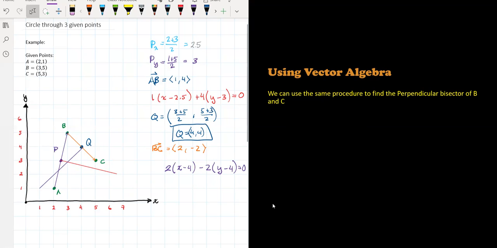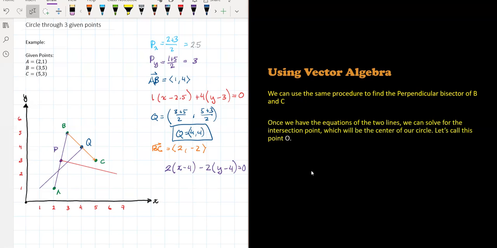Now again, my drawing here is really rough, but the intersection point of these two lines appears to be about 3 for x and a little less than 3 for y. So now what we could do is, we've got the equations of the two lines. We need to find the intersection point, and that'll be what we call O, the center of our circle.